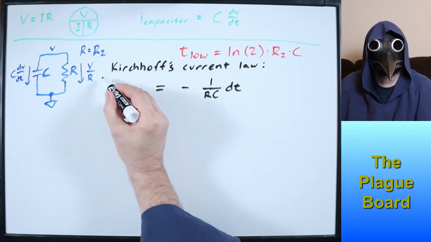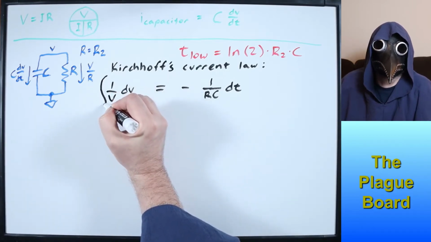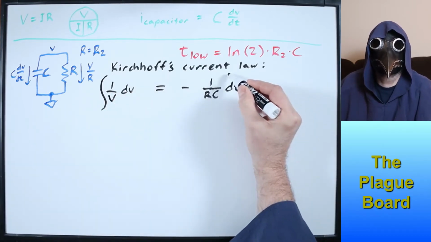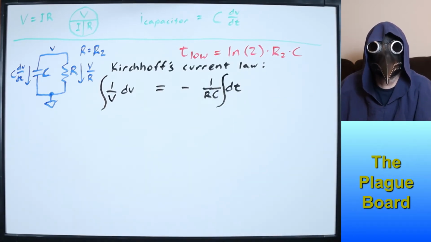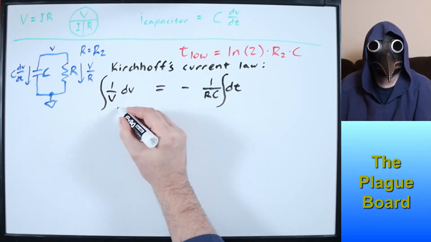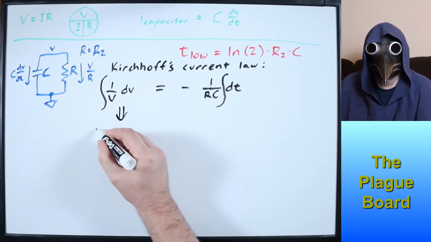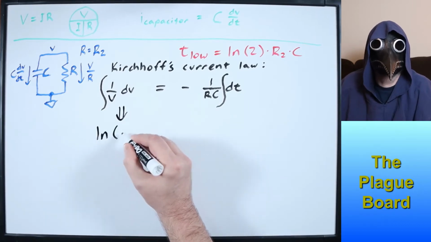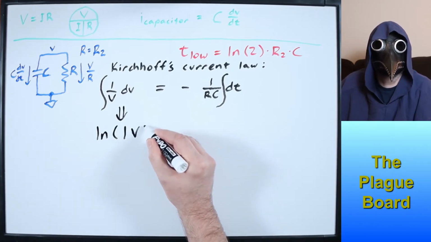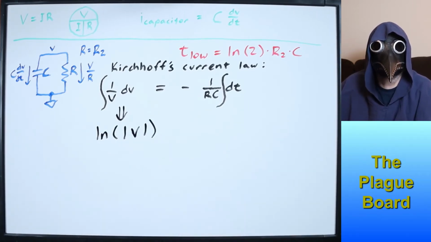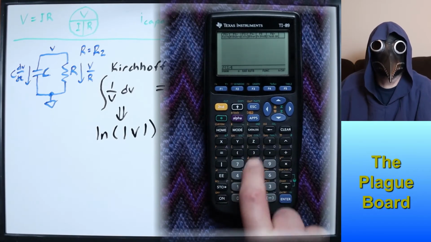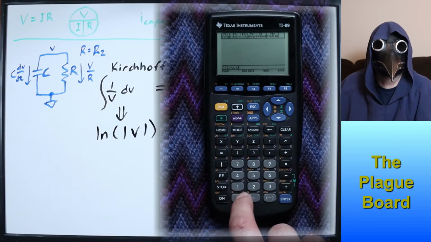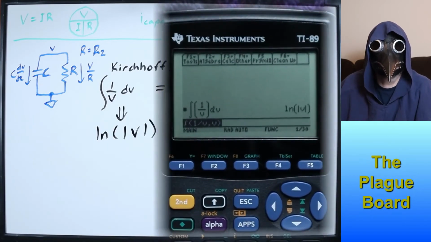Now, what I want to do is to integrate both sides, so we'll use a little calculus. R and C are constants, so we can pull them out of the integral. If you know your calculus, then you will know that the integral of 1 over V dV is the natural log of the absolute value of V. If you don't know your calculus, then you can use a calculator such as the TI-89, and you can see it gives us the same result.